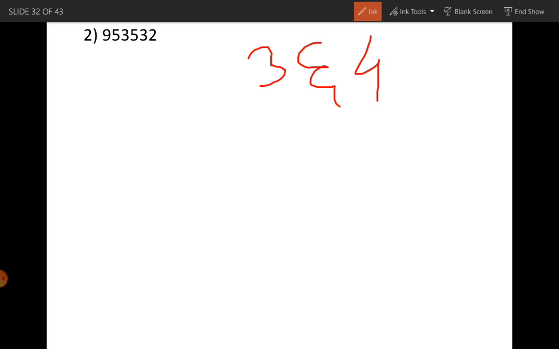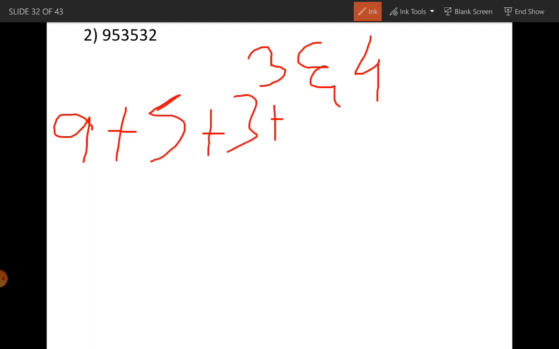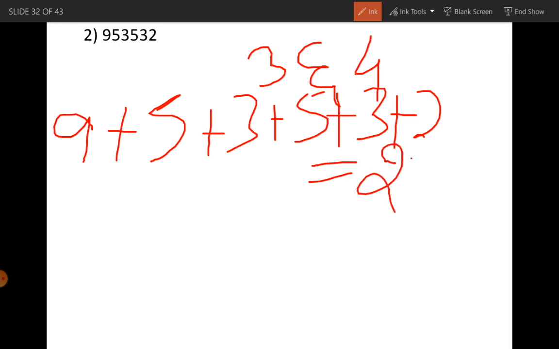The rule for divisibility by 3 is the addition of all the digits, that is 9 plus 5 plus 3 plus 5 plus 3 plus 2. 9 plus 5 is 14, 14 plus 3 is 17, 17 plus 5 is 22, 22 plus 3 is 25, 25 plus 2 is 27.